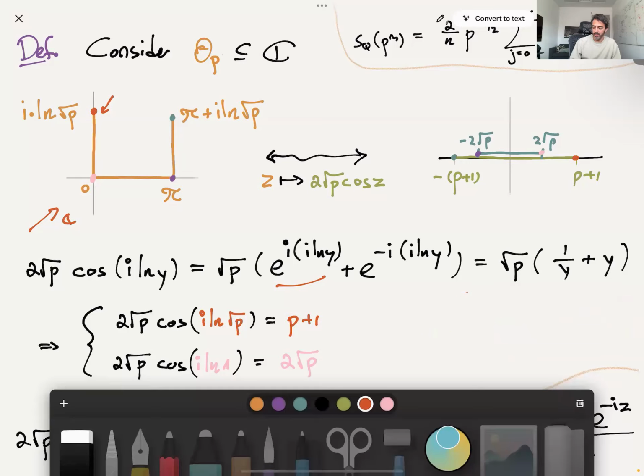So this red dot goes to p plus 1 as promised. This is why you have a red dot here and a red dot here. And when you plug y equals 1 and go all the way down here, you get just 2 square root of p.